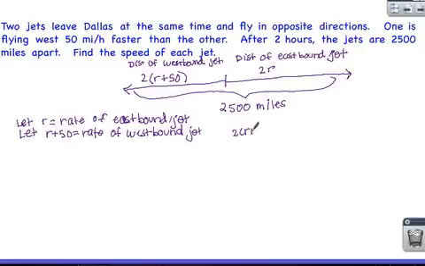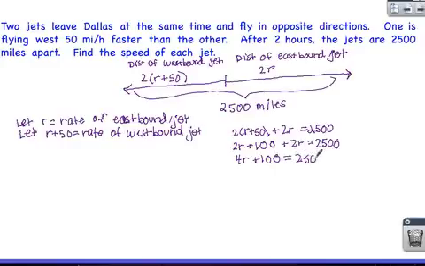2 times R plus 50 plus 2R equals 2,500. 2R plus 100 plus 2R equals 2,500. 4R plus 100 equals 2,500.